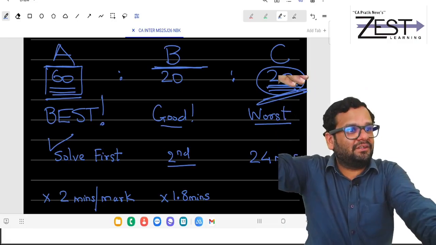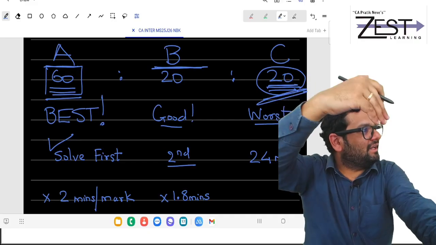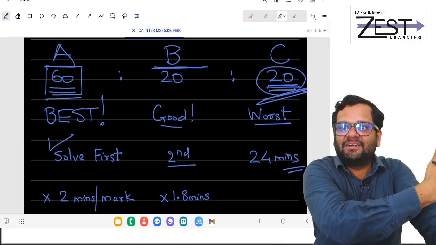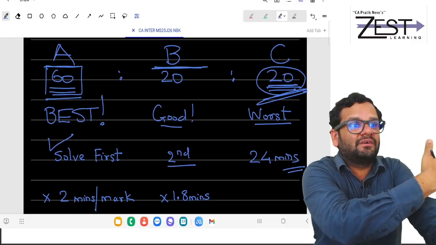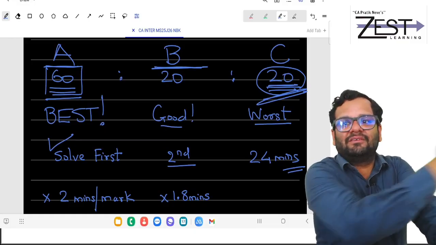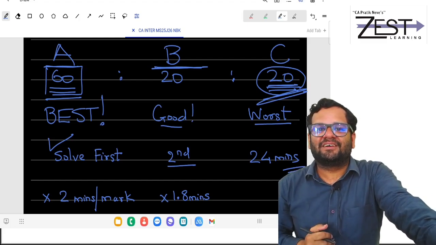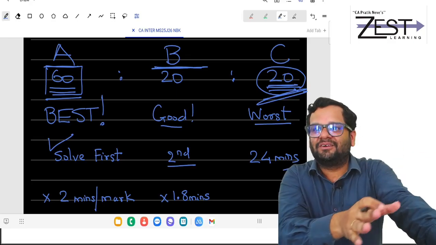Or it can happen 70, 20, 10. This ratio can change, na? It can happen 70, 20, 10, 75, 20, 5. It can happen anything. I'm never saying that you will restrict your score to 60 only.